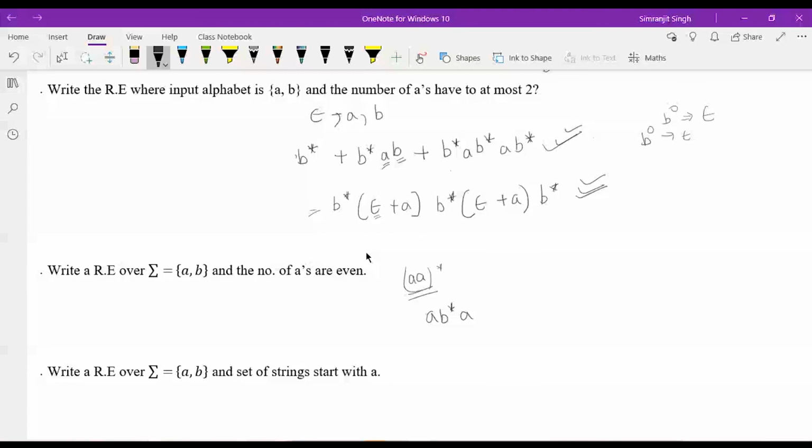B A B B. Sir, in the second term you missed a star. I have written a star already. No, sir, it's only on the B, not the whole expression. In the last B, he has written a star in the answer.